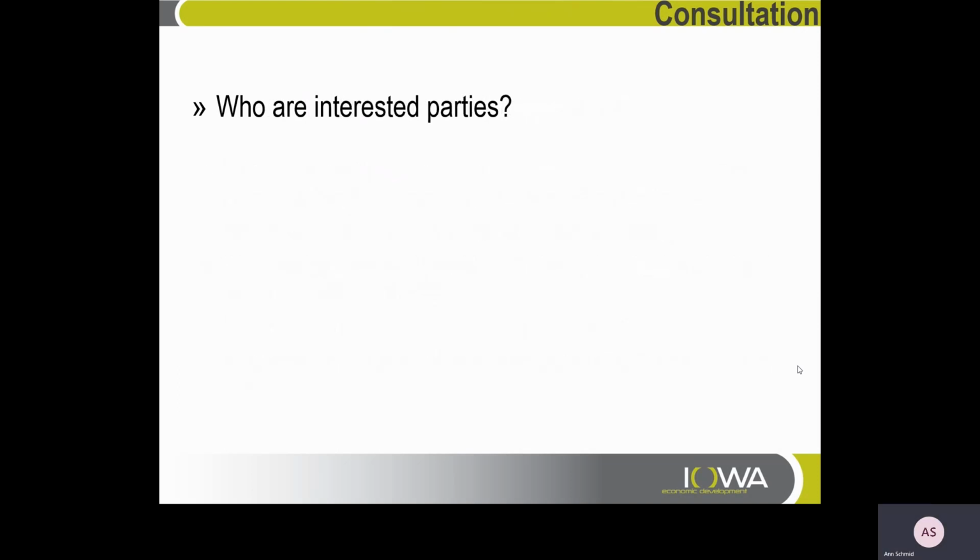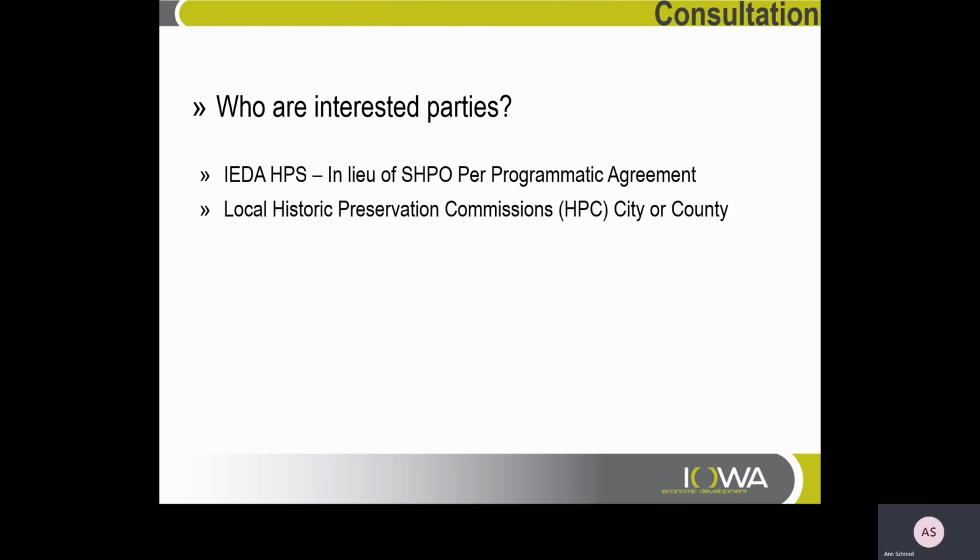Who are interested parties? For our CDBG and CDBG-DR projects, the IEDA Historic Preservation Specialist, in lieu of the State Historic Preservation Officer, is the primary interested or consulting party.